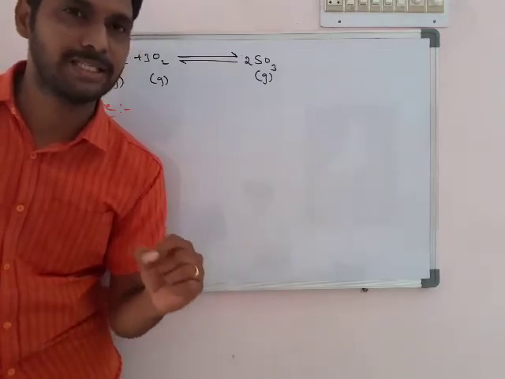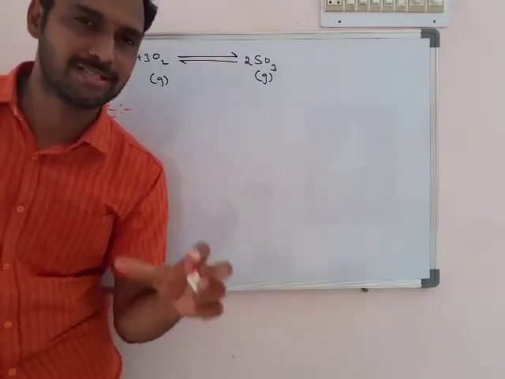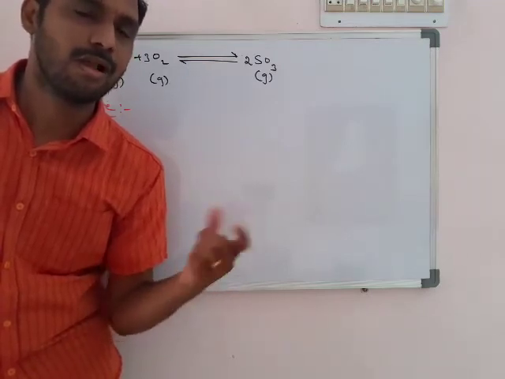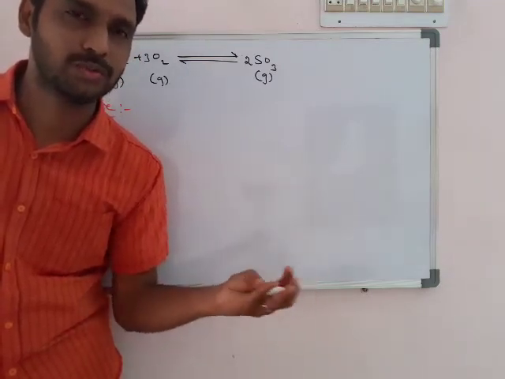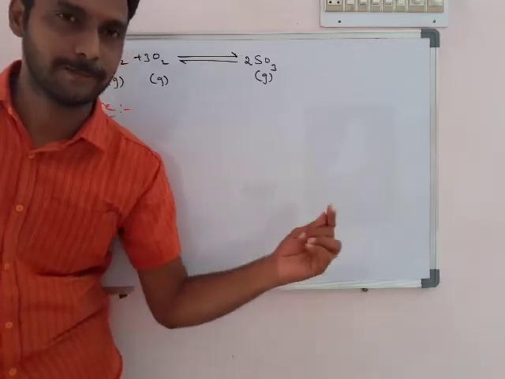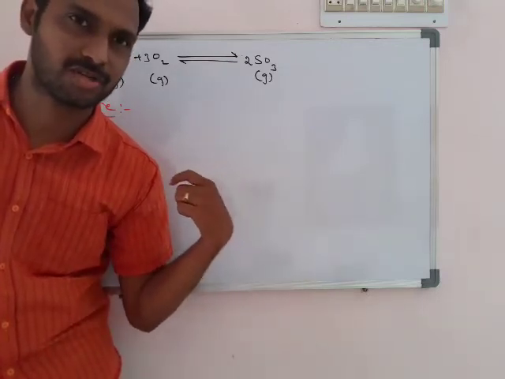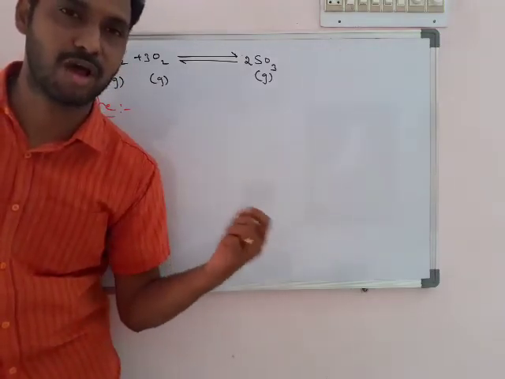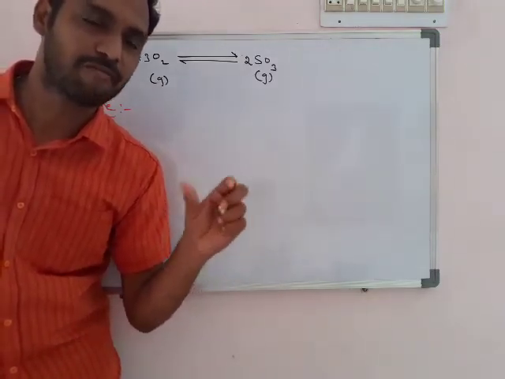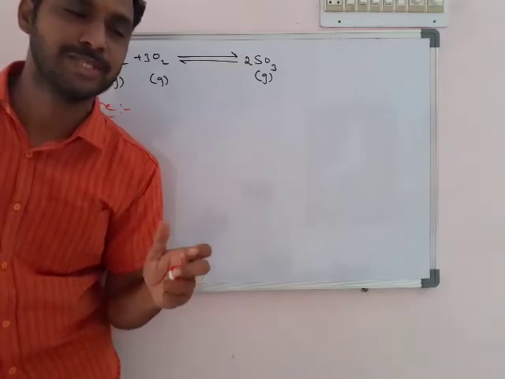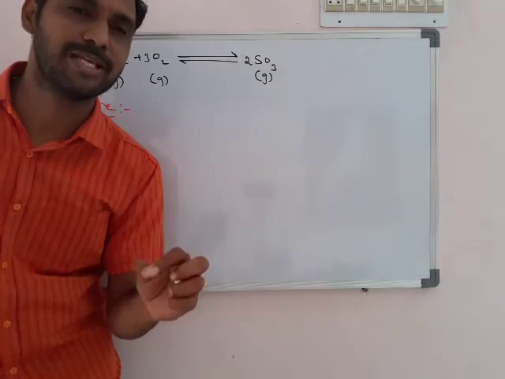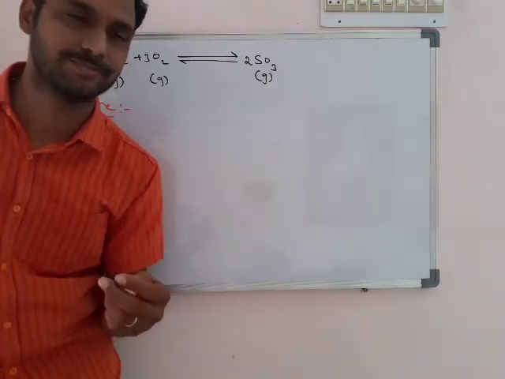At a particular condition, we start the reaction. After starting, the reaction goes forward. After the products form a little, the backward reaction starts. After some time, both forward and backward happen simultaneously. So after some time, the total reaction mixture composition becomes constant.